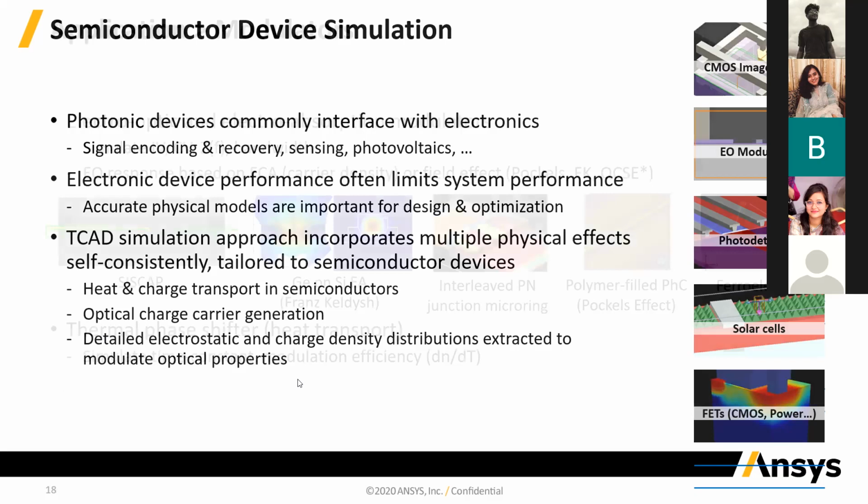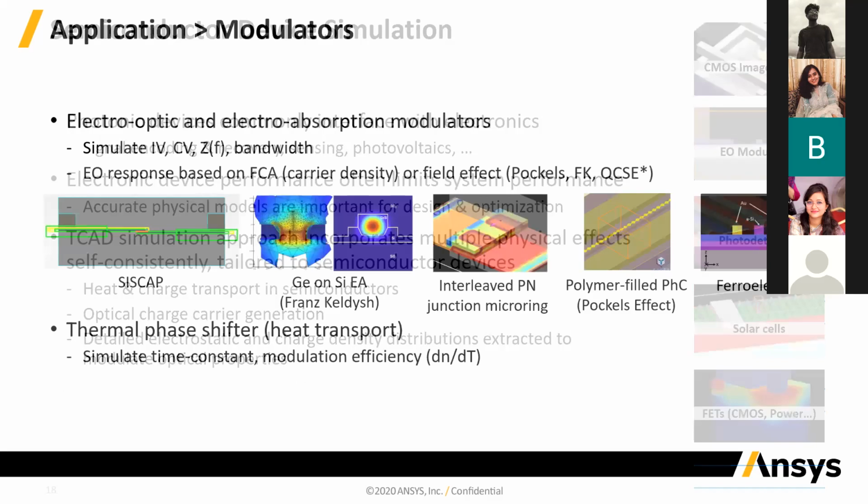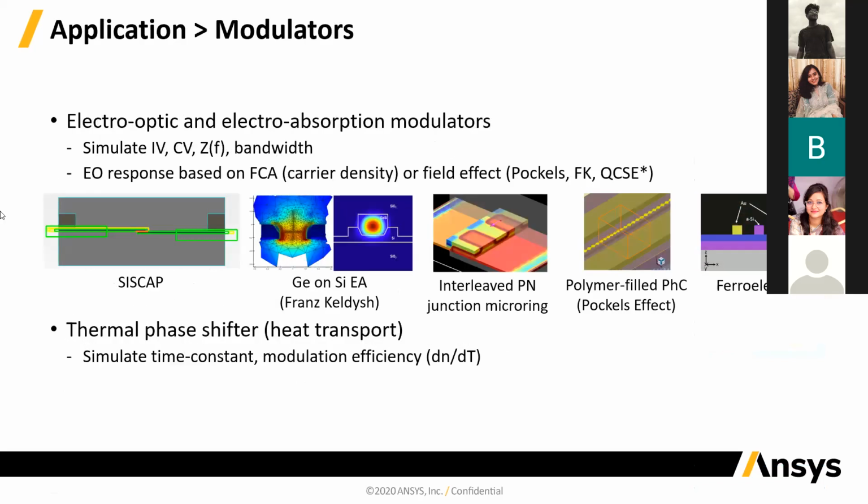So we're going to quickly take a look at some of the applications that you can cover using the charge solver and also the heat solver. The first application here is modulators. Modulators are optical devices where you control the behavior of your device and how light propagates through it.